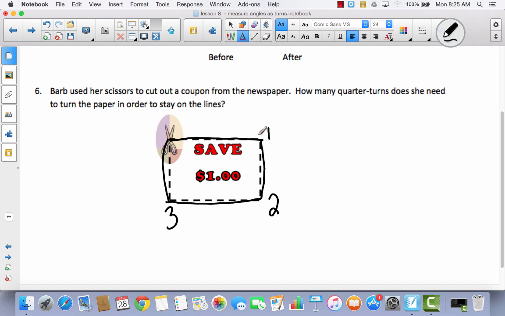So if she went all the way around, she would end up with 4 quarter turns. Because if her scissors are here, she'd have to turn it this way. So that'd be 1, 2, 3, 4. So she would need to make 4 quarter turns to make a full circle.